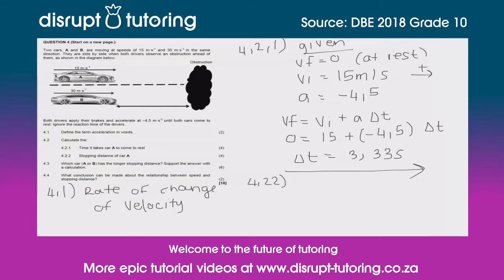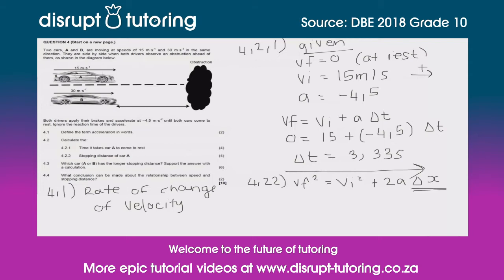They're asking for the stopping distance, so the equation that comes to mind for me is Vf squared is equal to Vi squared plus 2a change in x. And the change in x is what we're looking for.